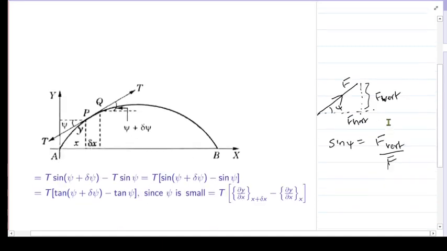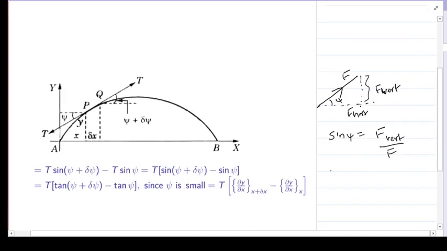Also we can say that F into sine psi is equal to the force in the vertical component. Here tension is the force acting, so tension into sine psi is equal to the force in the vertical component.